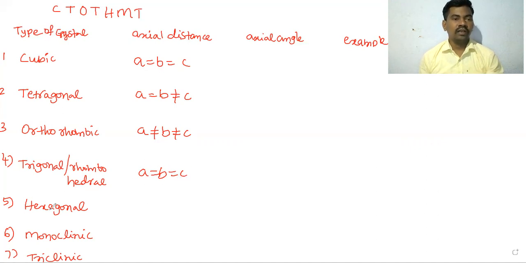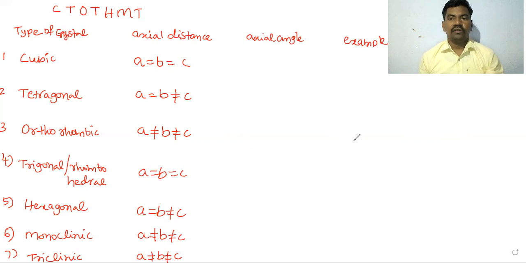Then for hexagonal, again like tetragonal, A is equal to B is not equal to C. Then monoclinic, A is not equal to B is not equal to C. Then the last one, A is not equal to B is not equal to C.